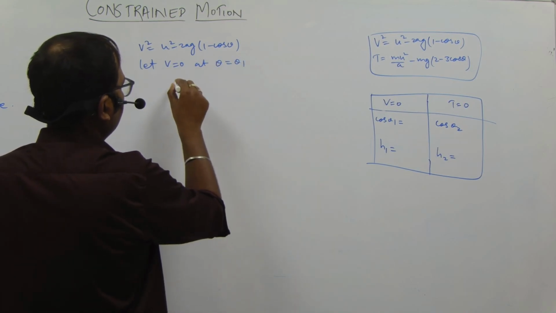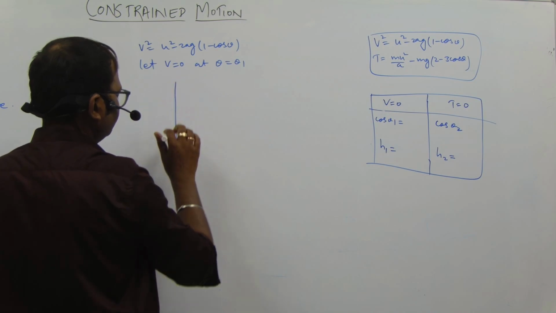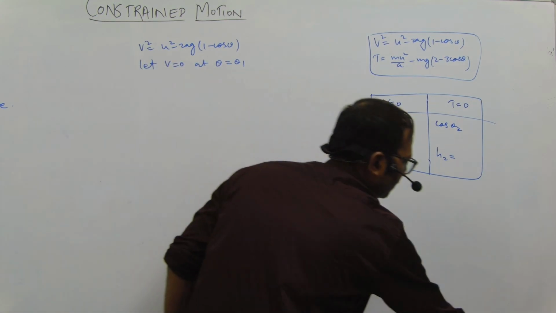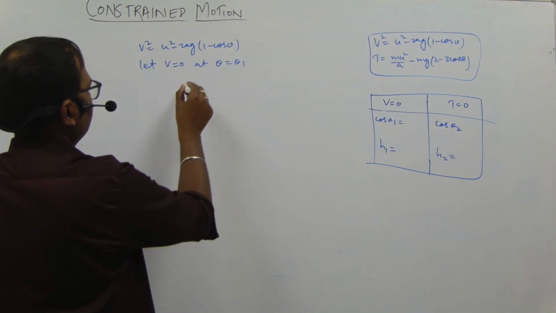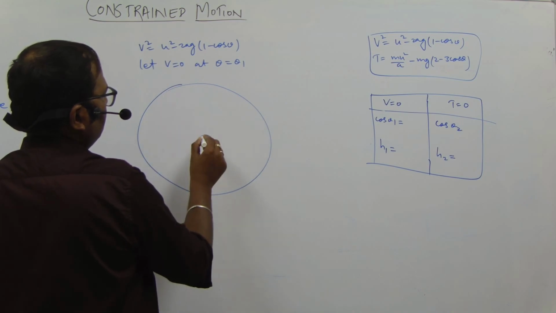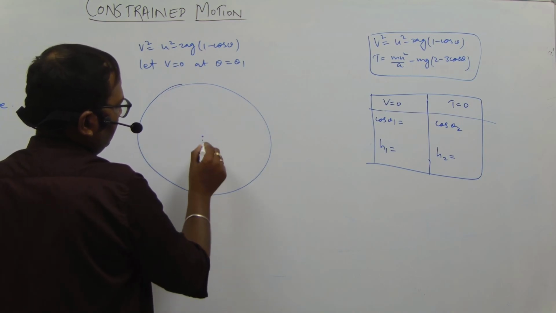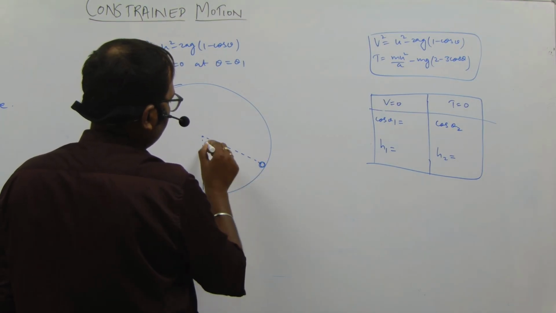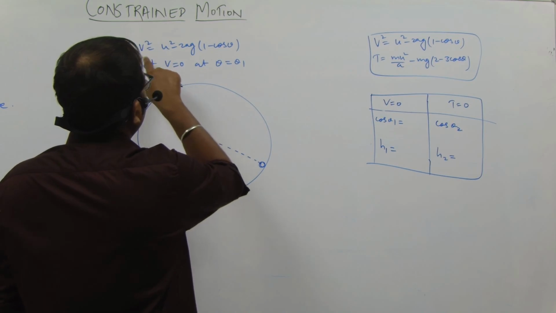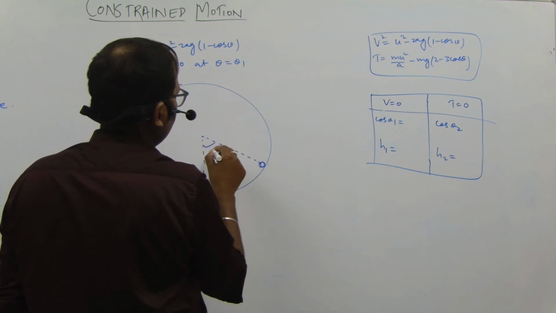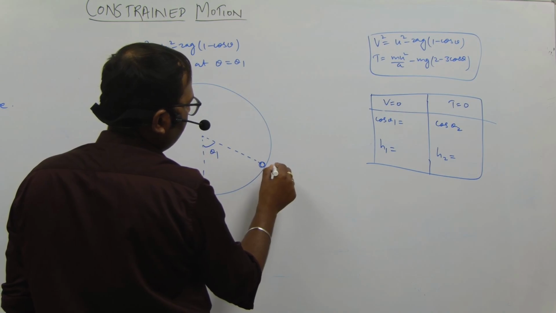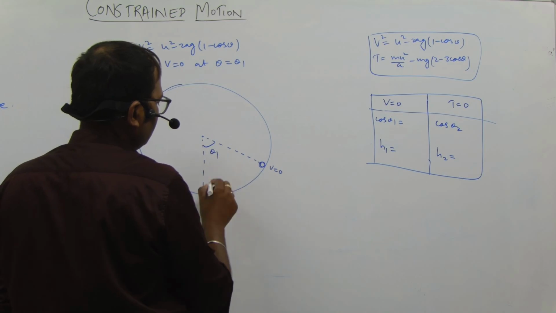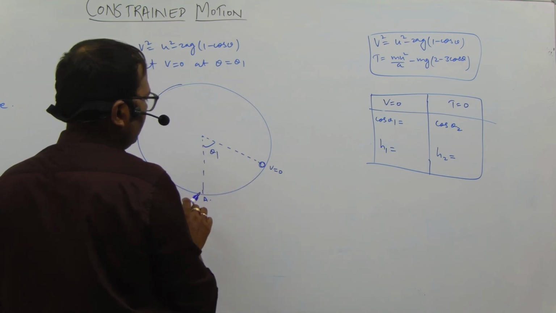Let us understand this. So we have the circle like this. Let us consider theta equal to theta 1 when v is equal to 0. So at theta 1, velocity is 0. This means the particle will oscillate about this point a.